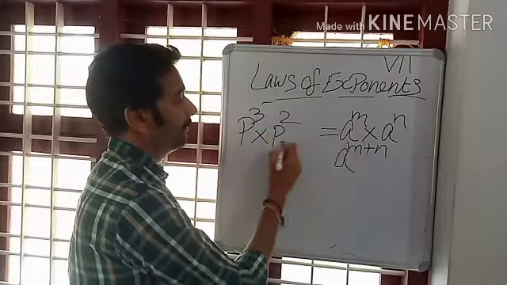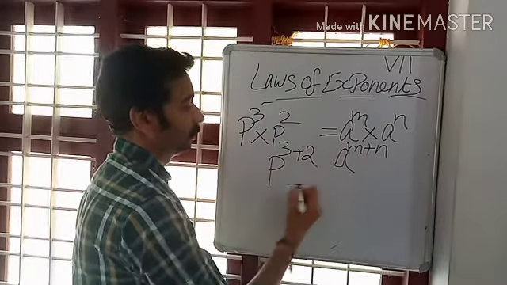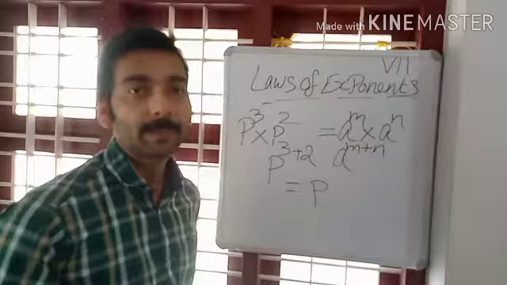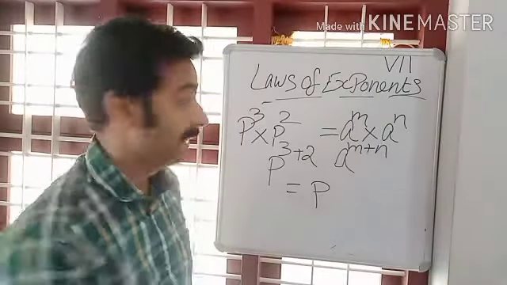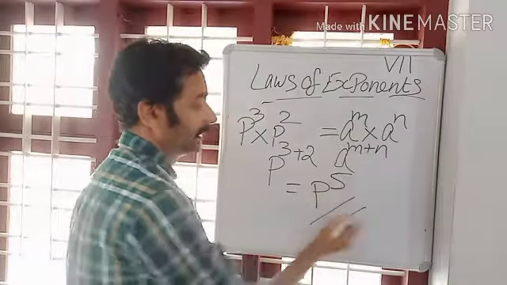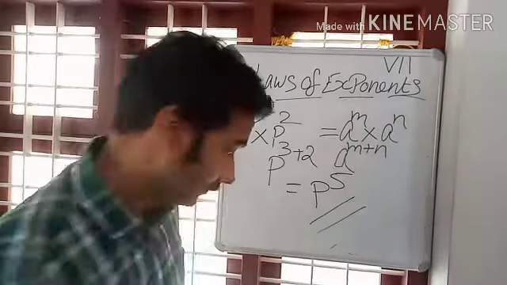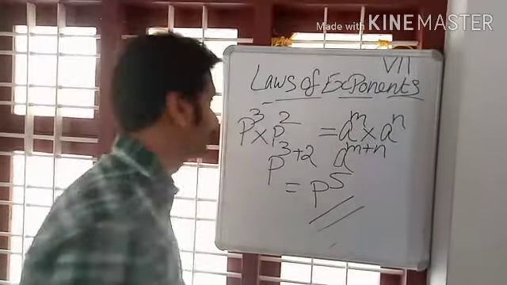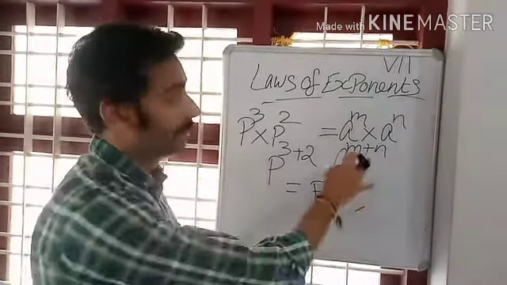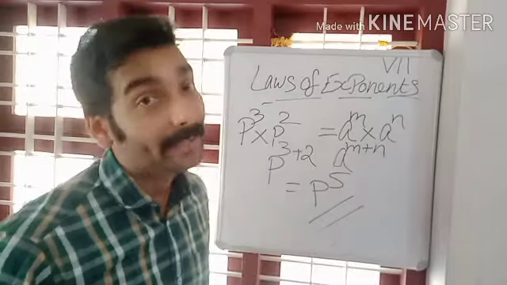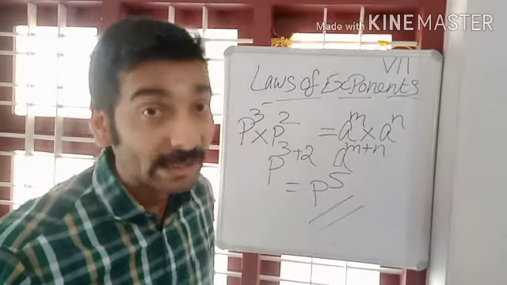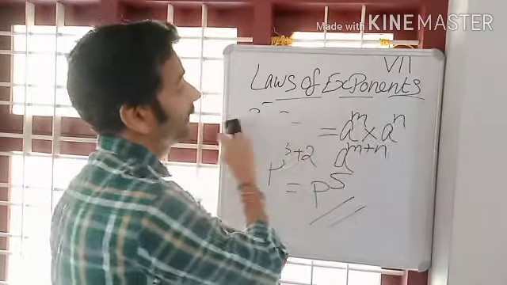That means 3 plus 2. That is p raised to 3 plus 2, which is 5. That is p raised to 5. Okay. Clear? Very important. First law, a raised to m into a raised to n is a raised to m plus n.